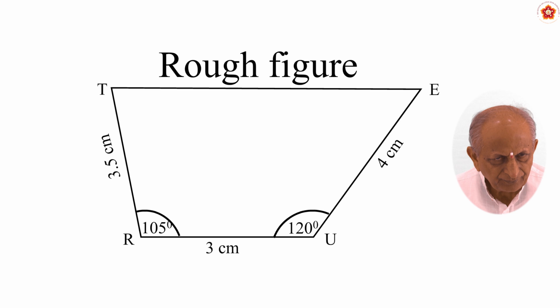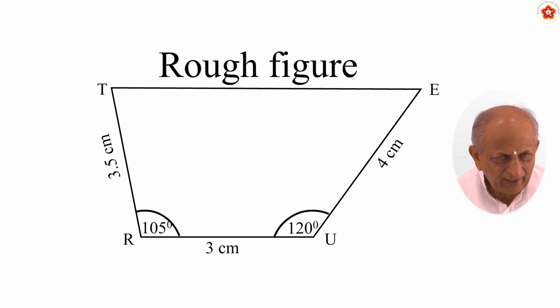At R, make an angle of 105 degrees, again using compasses. And at U, make an angle of 120 degrees. You should see that 120 is more than 105. Even though both are obtuse angles, it should be more bent.